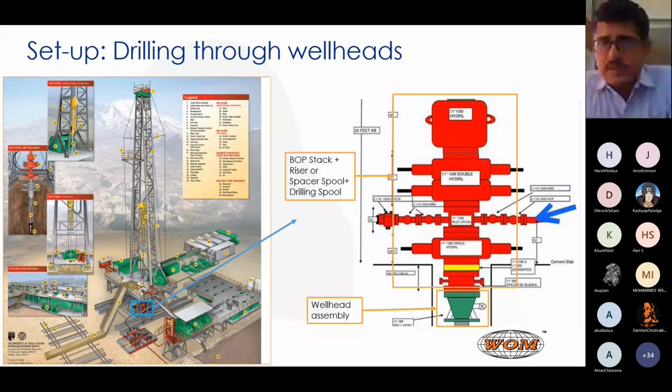This entire stack is mounted on my wellhead system before the drilling starts. This is for cases of blowout, so that the well can get secured. This is the standard setup, which will be installed during the drilling of any well.